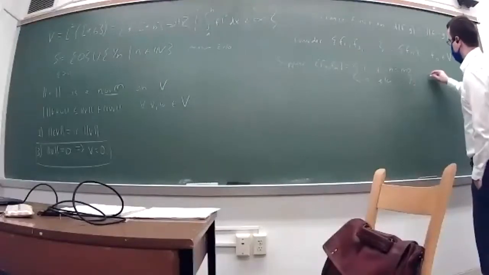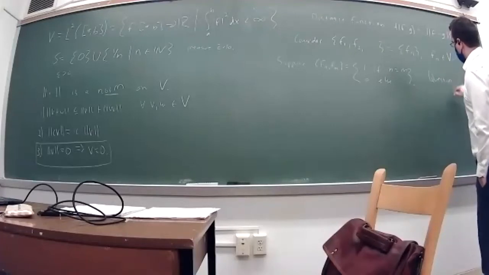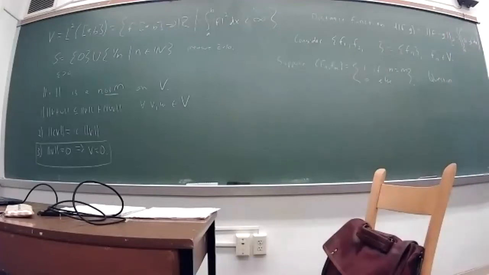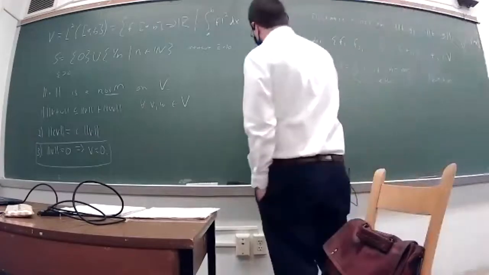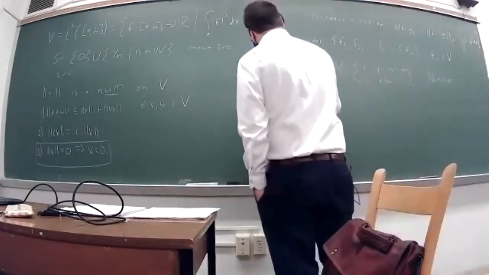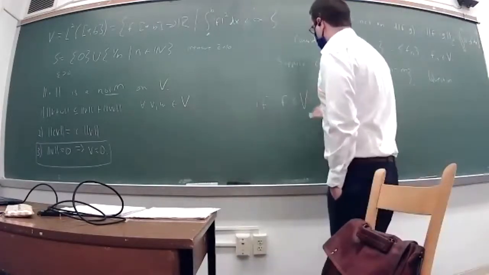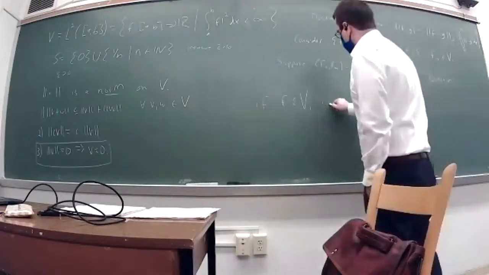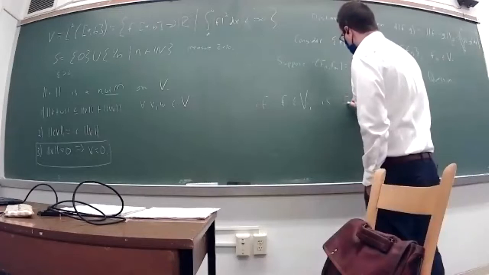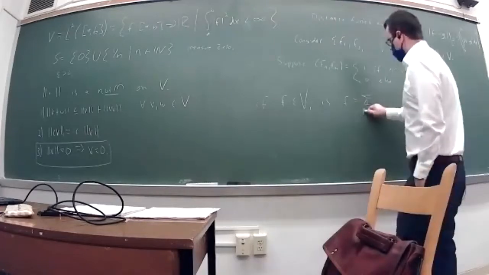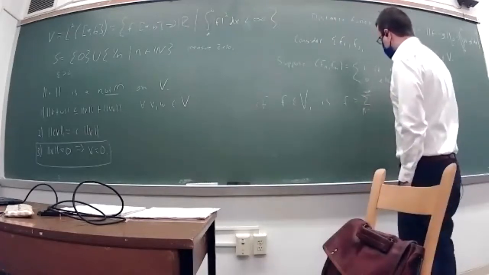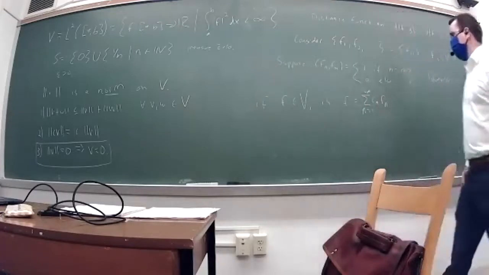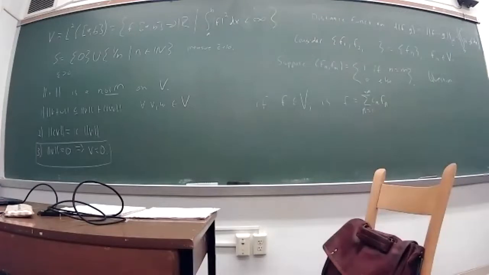And then we can ask the question, which is to say, if f is inside L2 of the interval from a to b, is it true that I can write this as a countable linear combination of functions f sub n?